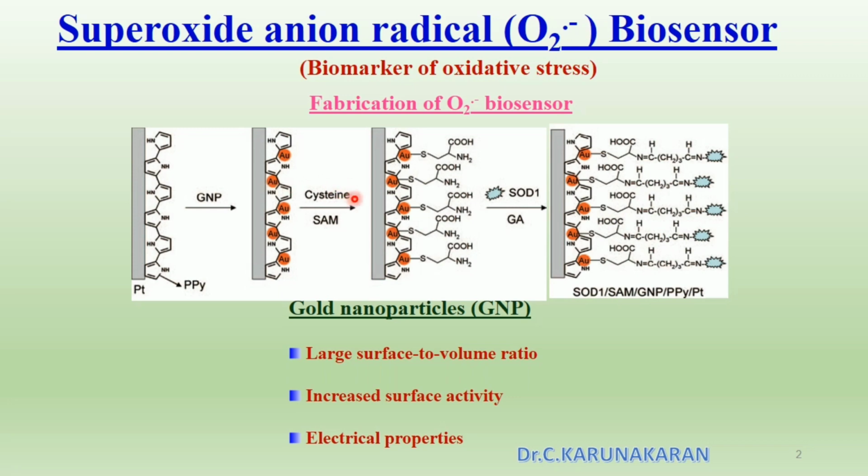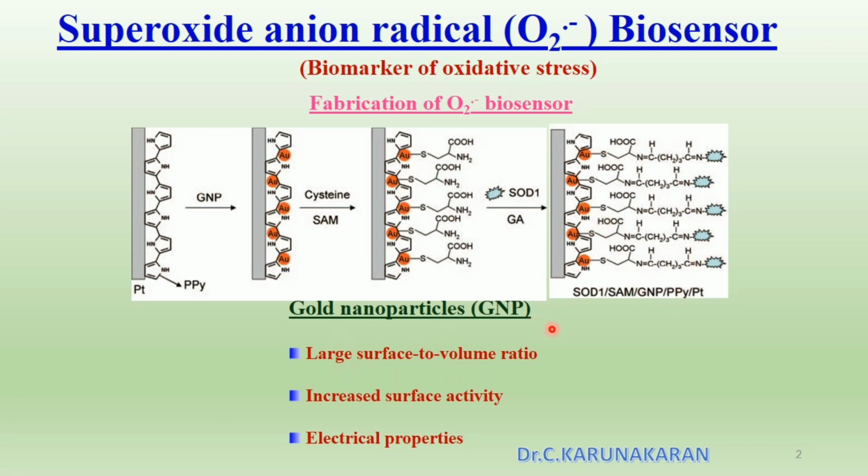All thiols form self-assembled monolayers. These have functional groups to be conjugated to the enzymes using glutaraldehyde, as I showed, biofunctionalization. Now, this is the superoxide radical biosensor we have fabricated.